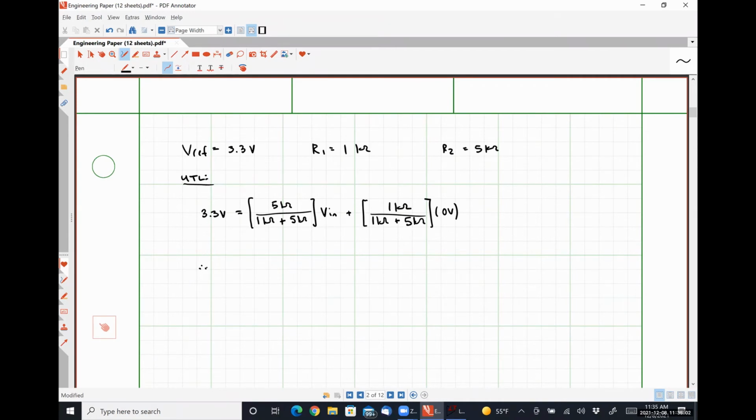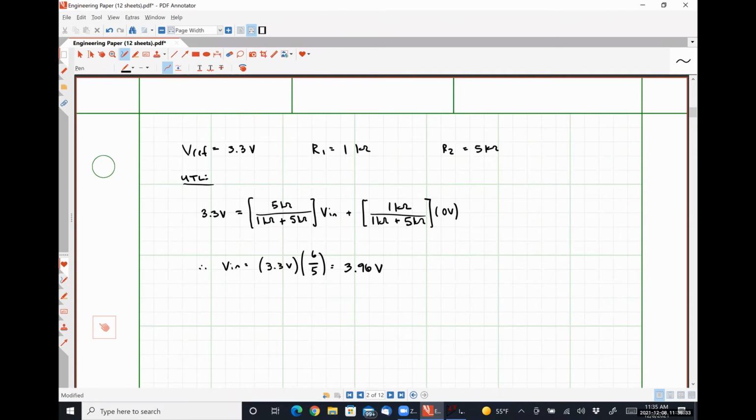And so our upper trigger limit occurs when Vn is equal to 3.3 volts times 6/5, or 3.96 volts.